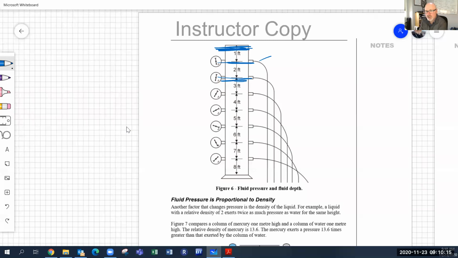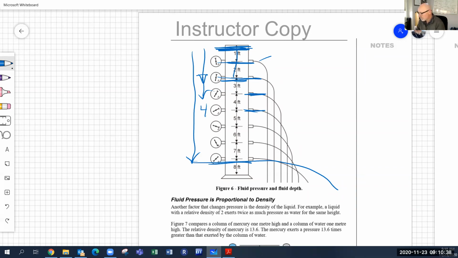So if we have 2 feet of water on top, we're going to have a little more pressure. 3 feet, a little more pressure. 4 feet, a little more pressure. Until we get down here, we have this much pressure being exerted. We have more pressure, is what they're trying to say here.